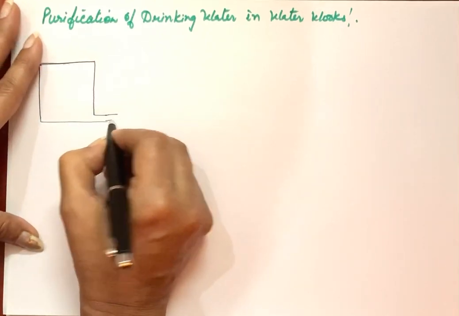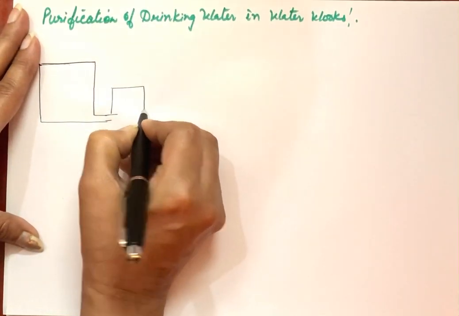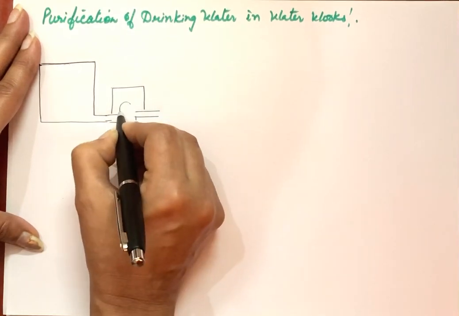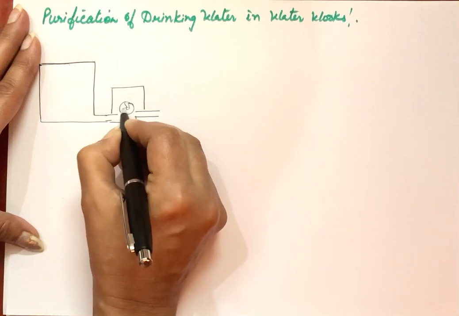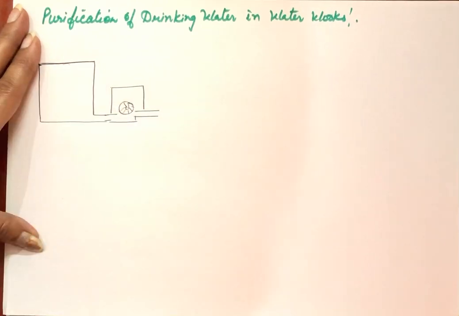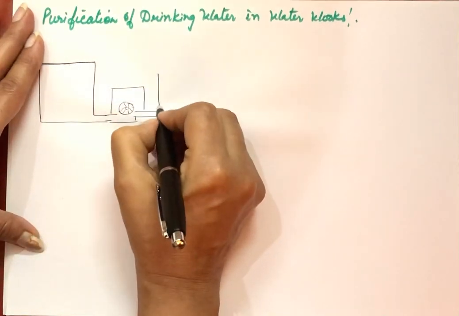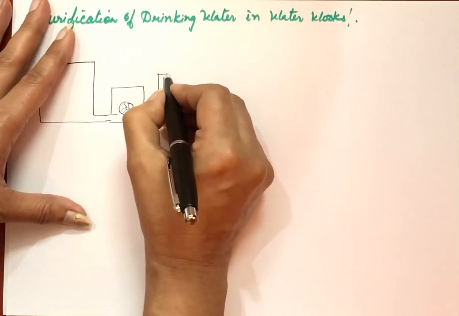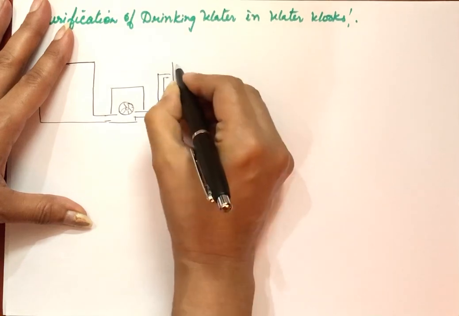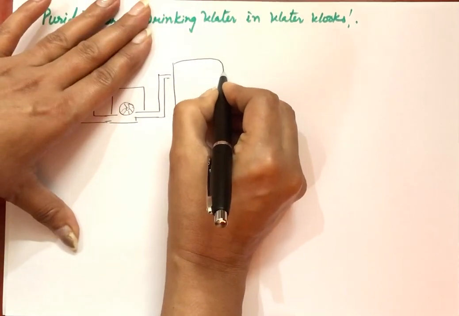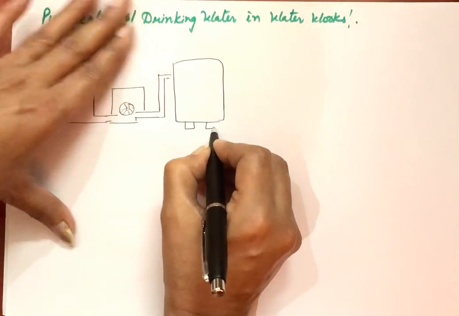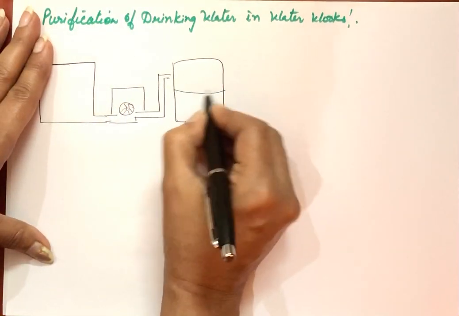This water is pumped, and there's a big pump here, from the reservoir, water is sent to a sedimentation tank, a big tank in which water is stored now. Water is just kept here in this tank for some time.